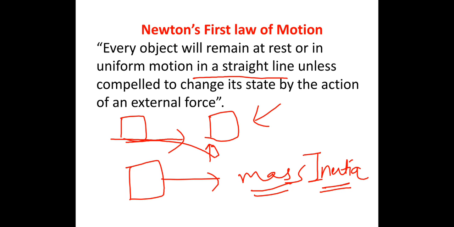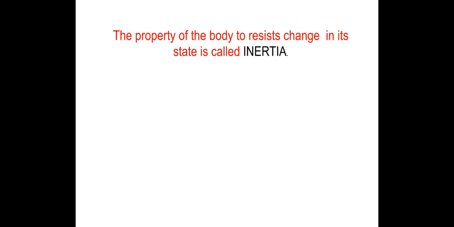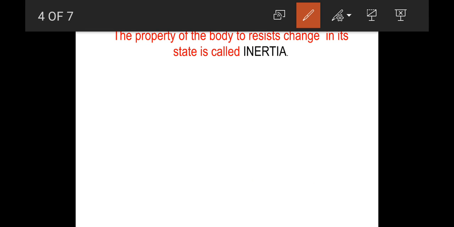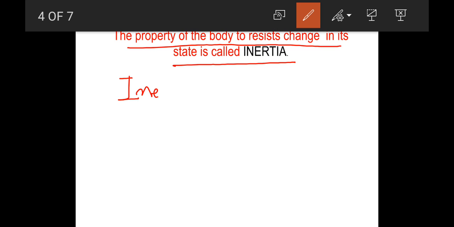The property of the body to resist change in its state is called inertia, and this inertia is proportional to the mass of the body, which means more mass, more resistance. So for a heavy object, it is difficult for you to move that.